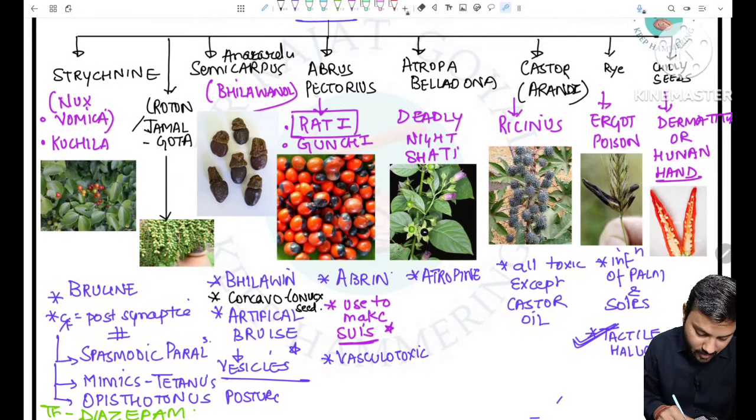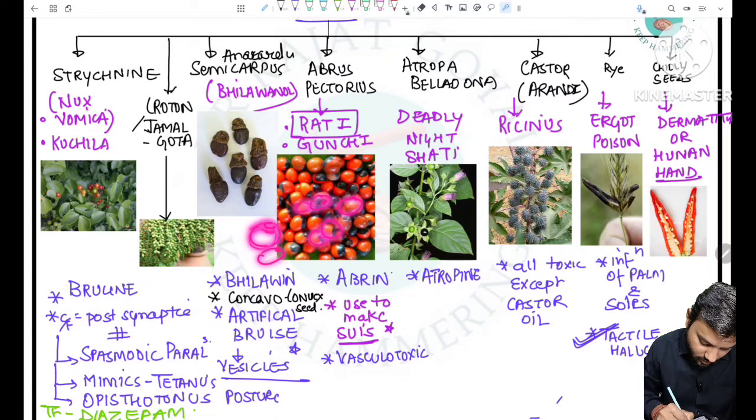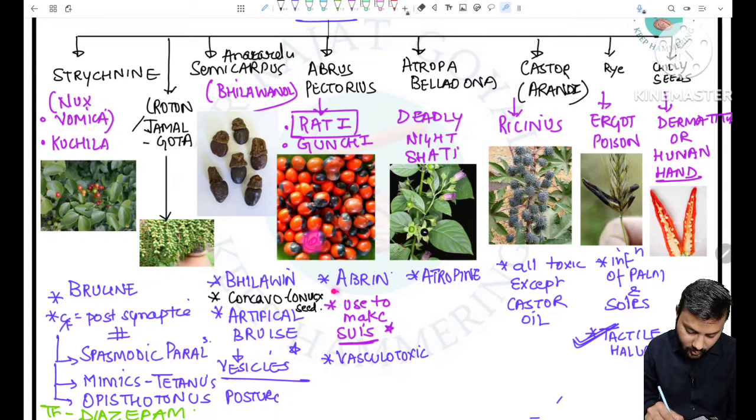The next one is the Abrus precatorius, also known as rati or gunchi. They are bright red colored seeds, with a blackish part on the top, and the rest of them is red in color. The active principle is abrin, and it is used for making sutari or needles, and they are vasculotoxic.